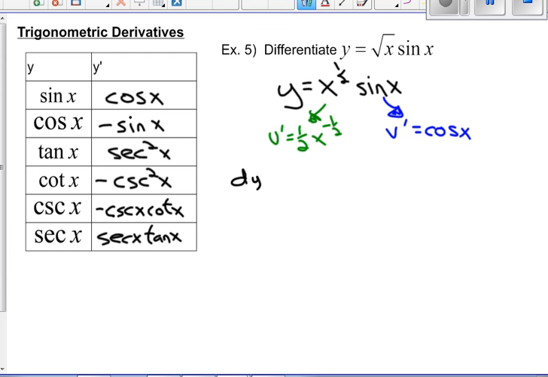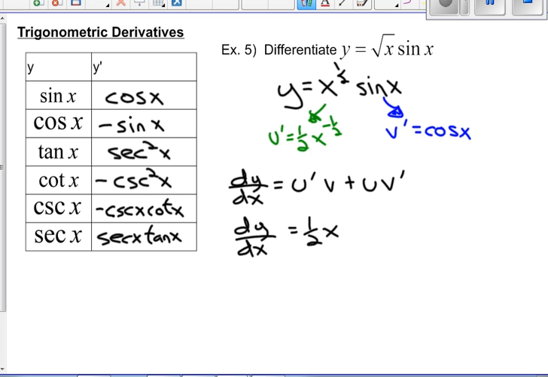So if we want dy by dx, that is u prime v plus u v prime, or 1/2 x to the negative 1/2 times sine x, plus x to the half cos x.